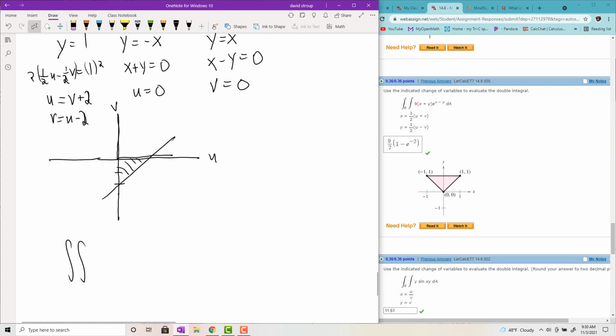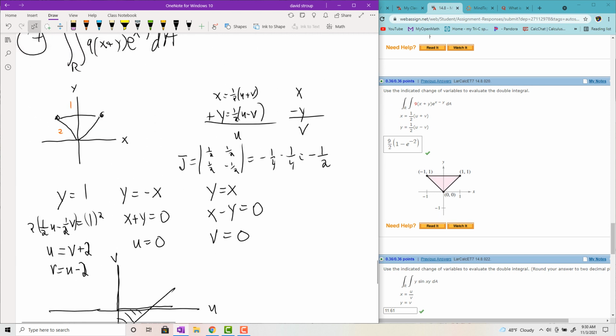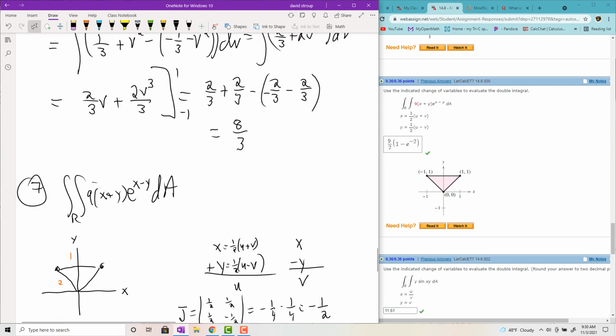Absolute value of that will be 1/2. So my Jacobian is 1/2. What else do I need? I need to rewrite this expression, and we already sort of did that. It'll be u for x plus y, and then there's a 9, of course. And then e to the x minus y is v, and then you've got your 1/2 du dv.